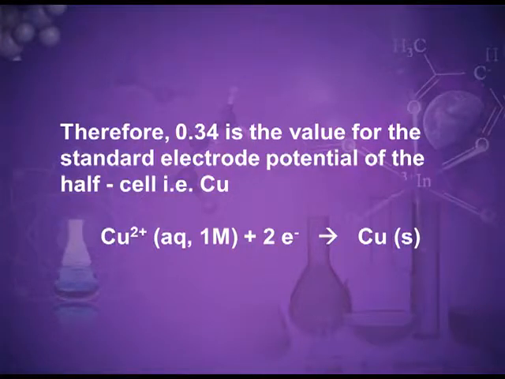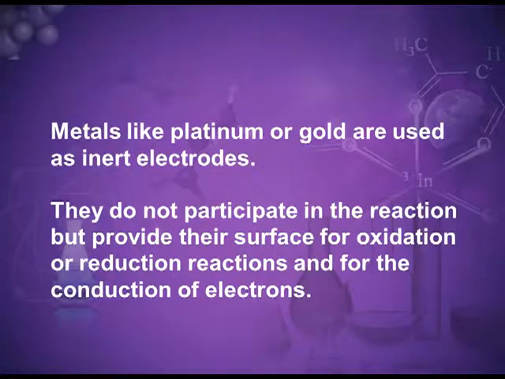Just by taking the values from the electrochemical series and putting them in the formula E cathode minus E anode, we can find out the cell potentials without actually connecting the two half cells. Let me once again tell you the use of the platinum electrode. It is an inert electrode and it just provides the surface for the inflow and outflow of electrons.